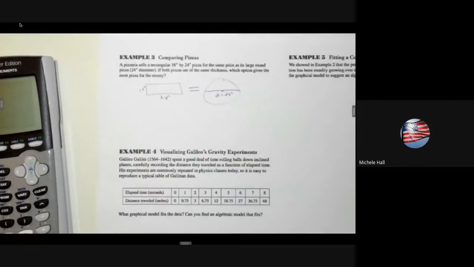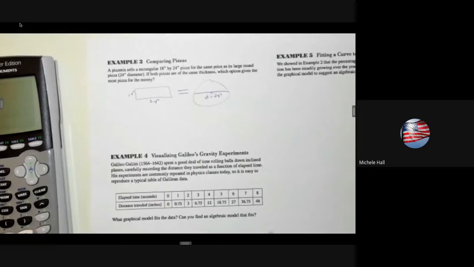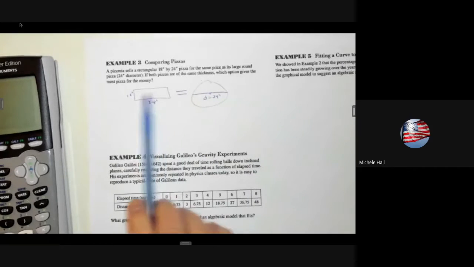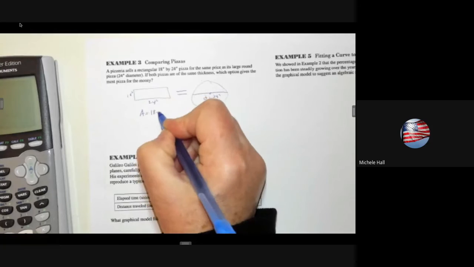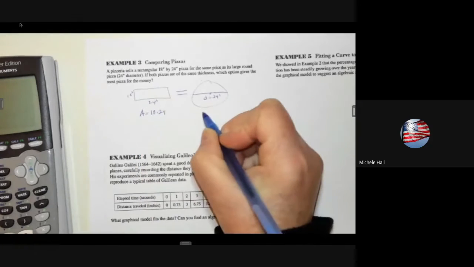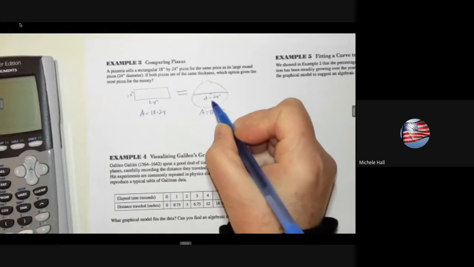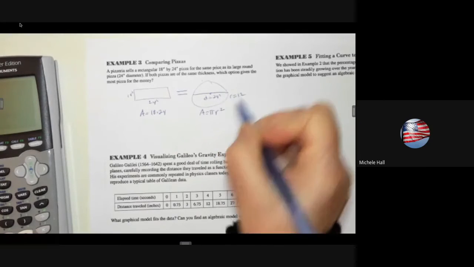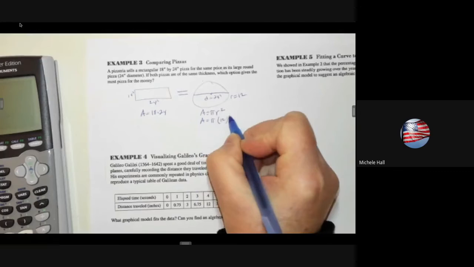If both pizzas are the same thickness, which option gives you the most pizza for the money? What do I want to know about these? I want to know about the area. So area would be 18 times 24. Area is pi r squared, so r equals 12. Area equals pi times 12 squared.